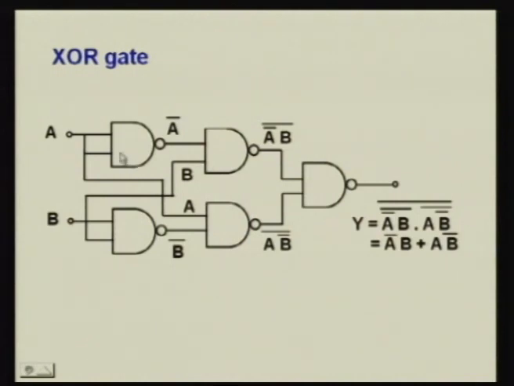We have to get A bar and B bar. At the output of the third and fourth NAND gates, we will get A bar B complement and AB bar complement, and again we apply these two as inputs to another NAND gate, the fifth NAND gate, and we will get the output of an XOR gate.